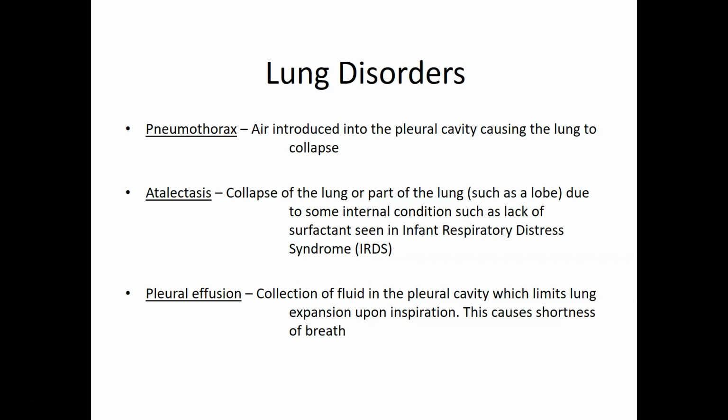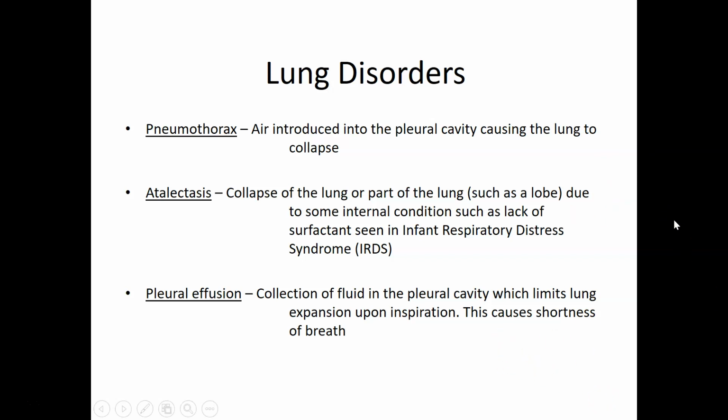For example, when we talked about respiratory distress syndrome in prematurely born infants, there's a lack of surfactant. And you remember the surfactant prevents alveoli from collapsing in on themselves. So the lack of surfactant can cause a number of nearby alveoli to collapse, and that will cause a collapse of a lobule or a segment or a lobe of the lung, and that's an atelectasis.